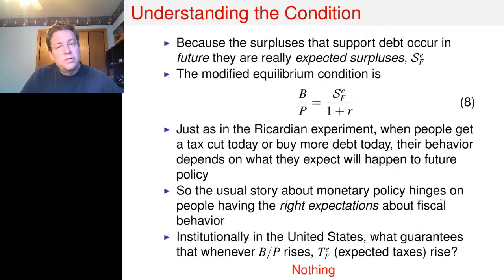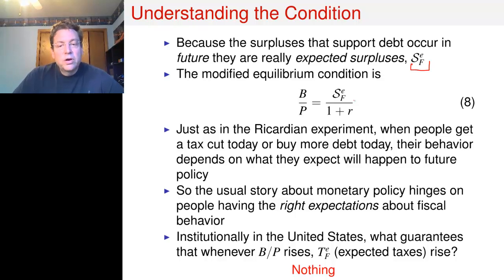Now, because these surpluses that are supporting debt are actually occurring in the future, they're really expected surpluses. And so what we ought to be doing is putting a little E superscript on this curly S. So now you get to have a superscript and a subscript. But it is an important point to recognize that this is really about expected surpluses, not that people know for sure what's going to happen to surpluses.